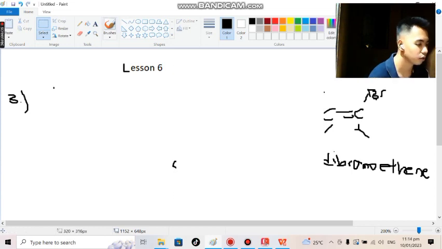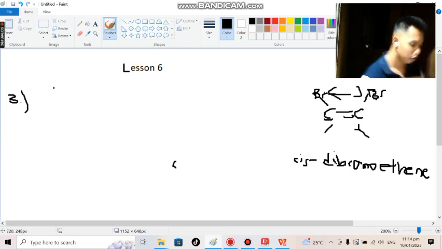Okay, for our last part. Again, we are on the same side. This means that this is a cis. Bromo, because we have two bromines.